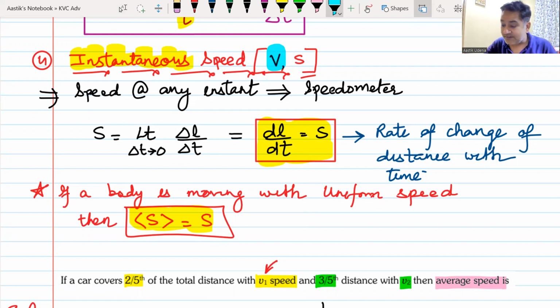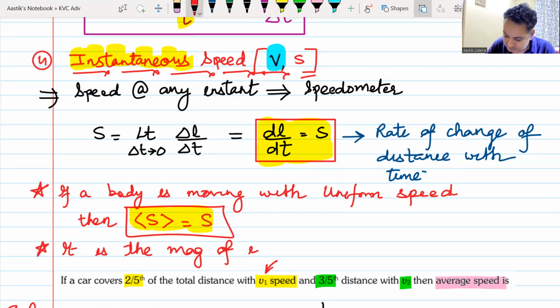Yes, sir. So now you can write one more important point here. Instantaneous speed is the magnitude of instantaneous velocity. Do we understand this? Yes, sir.